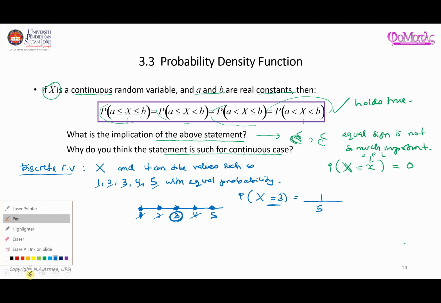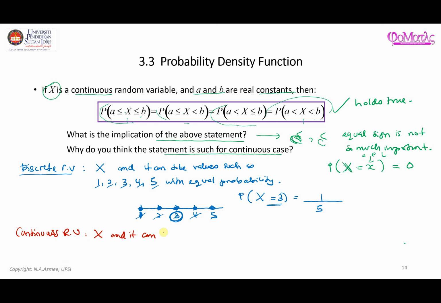Now, if we try and do something that is quite similar to this, for example, let's consider the case of continuous random variable, where we have x and it can take values in a range, because it is continuous, so we have to express x in terms of a range or interval.